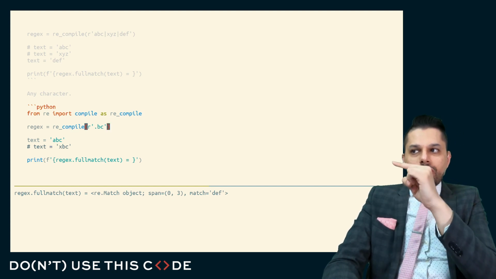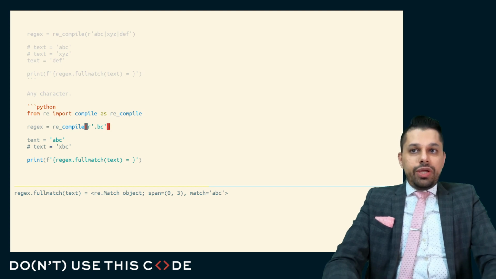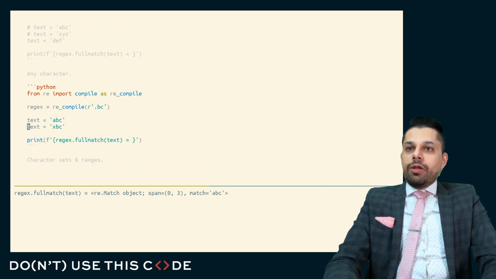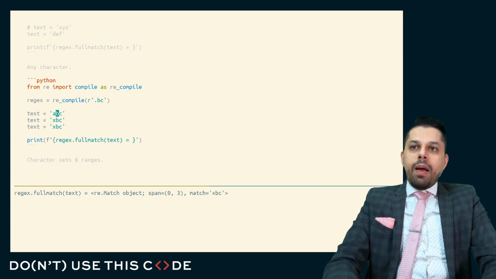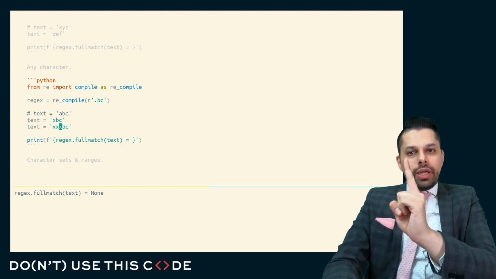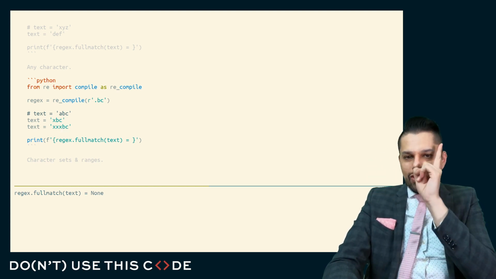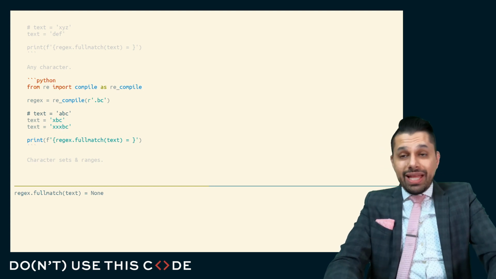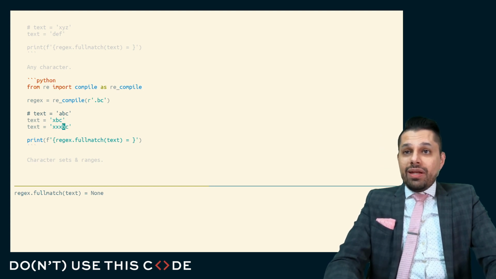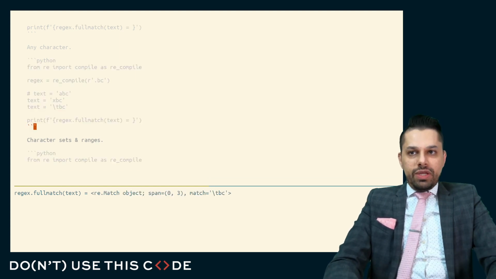So this regular expression will match any character followed by a B, then a C. And so here it'll match ABC, it'll match XBC, but it will not match XXXBC because it matches any one single character. This is our basic globbing character, our basic wildcard character. It matches any one character, but it doesn't matter what that is. This could be a tab character, it could be a number, it could be anything, but it'll match it as long as there's just one of this.